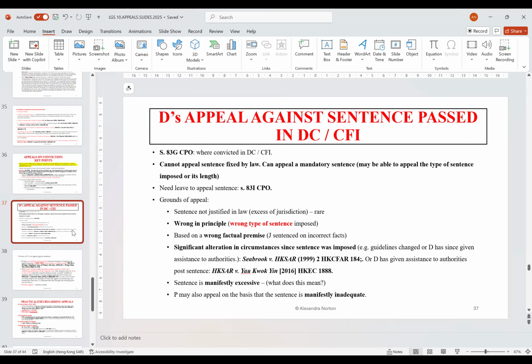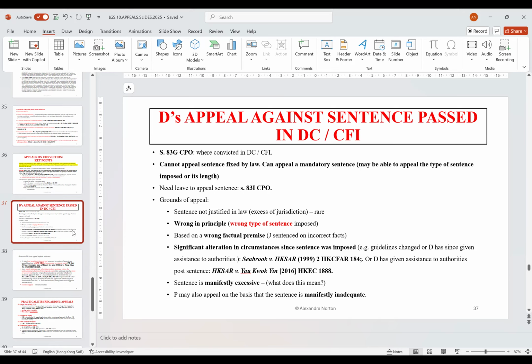If there has been a significant alteration in circumstances since sentence was imposed, and the appellate process is still what we call extant, that means ongoing, then the defendant may be able to benefit from a significant alteration in circumstances. For example, where tariffs have been revised as a result, and that revision would have given the defendant a more lenient sentence if those tariffs had been in place at the time he was sentenced.